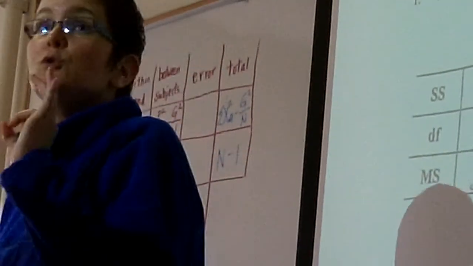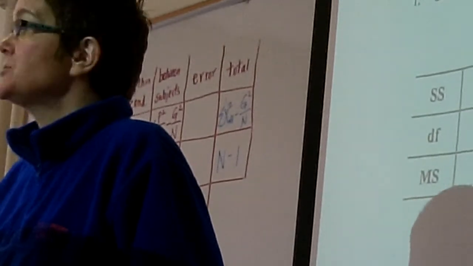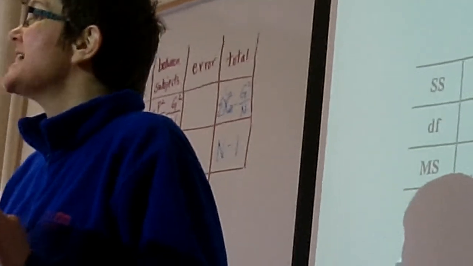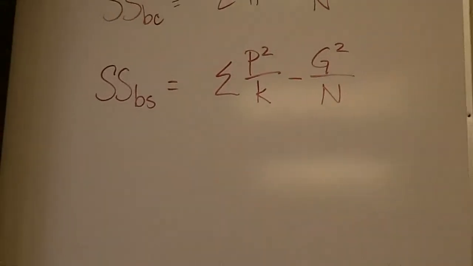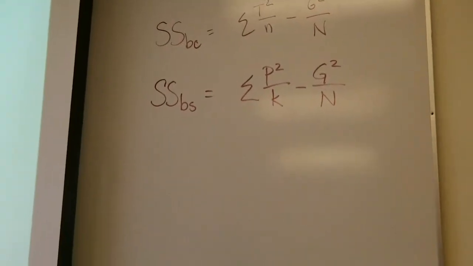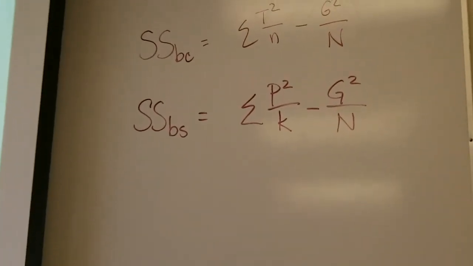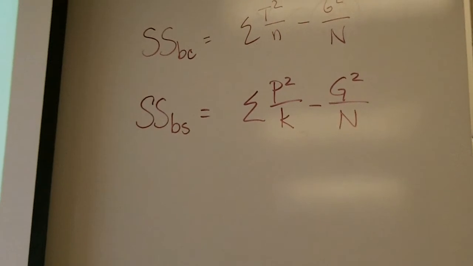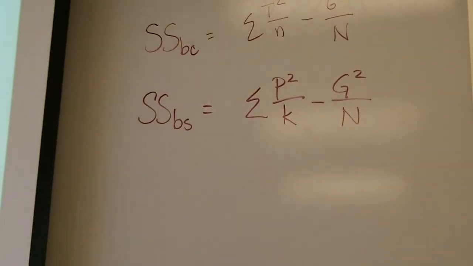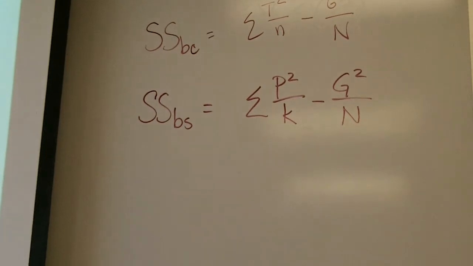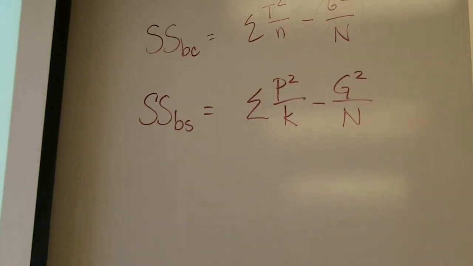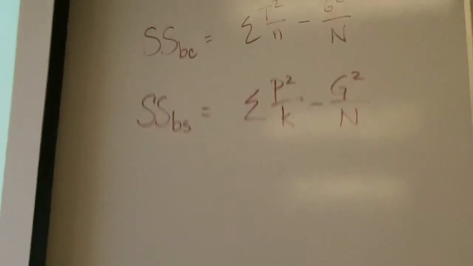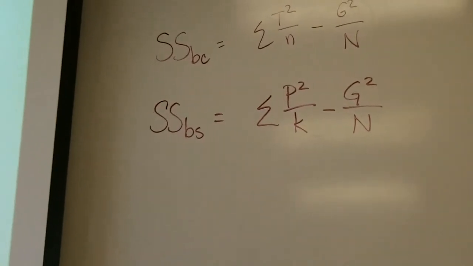But this one is unique to the related measures ANOVA, and it uses that p squared over k that is unique to this ANOVA. So what do you get if you take 142.99 and subtract 135? 7.99. Cool.